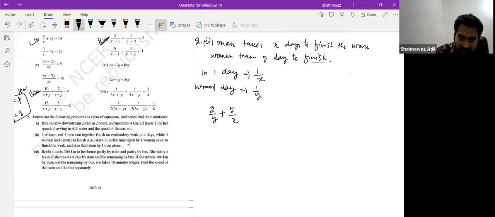And in 1 day, how much work have they completed? If they have completed the work in 4 days, then in 1 day they have completed 1 by 4, right? So this is the idea of the men-women work problem, right?